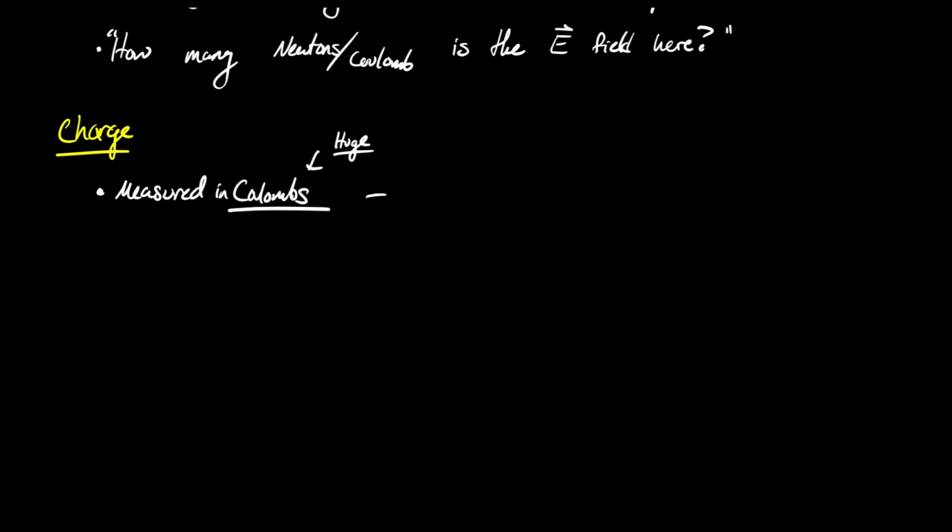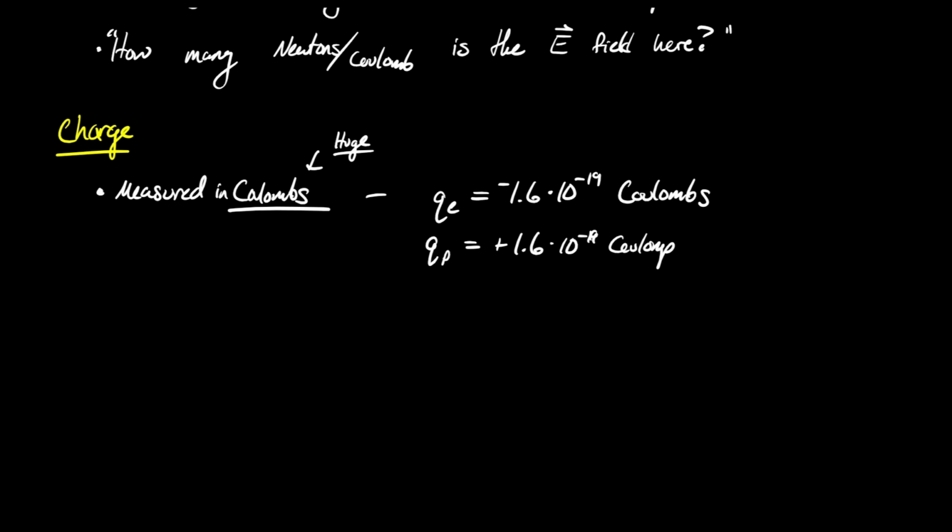The charge to remember that you will use a ton is that the charge of an electron is 1.6 times 10 to the negative 19th coulombs, and it is negative. Similarly, the proton charge, which is the opposite, is just positive 1.6 times 10 to the negative 19th coulombs.